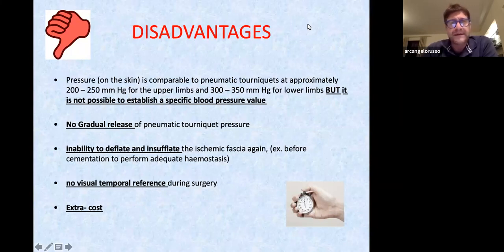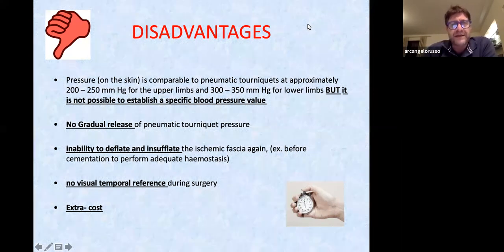Also in the normal tourniquet, we used to have a single pressure. It is difficult to choose the pressure based on the level of the blood pressure in that moment. So maybe it's the same.